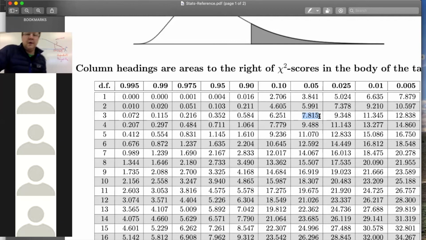In summary, when there are 3 degrees of freedom, that's how far from 0 chi-squared would have to be in order for me to reject the null hypothesis. If it was to the left of 7.815, I would fail to reject the null hypothesis. I'd say there's not enough evidence to decide that these variables are dependent.